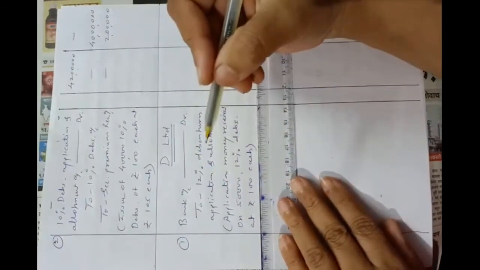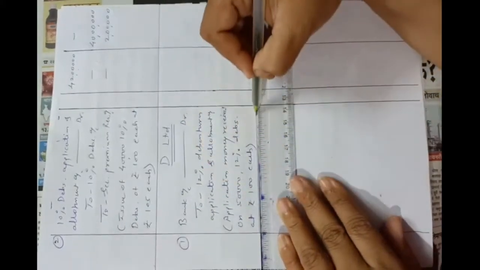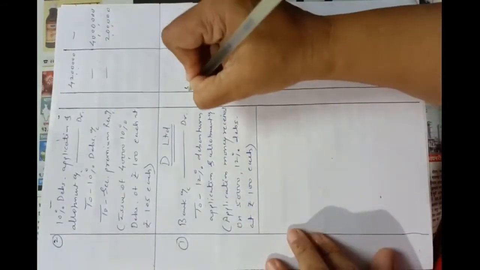Okay, so 50,000 into 100, that is 50 lakhs. So amount will be 50 lakhs.